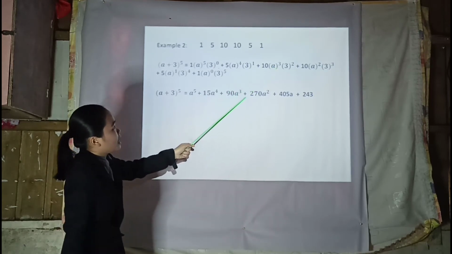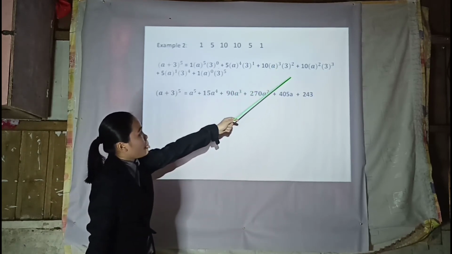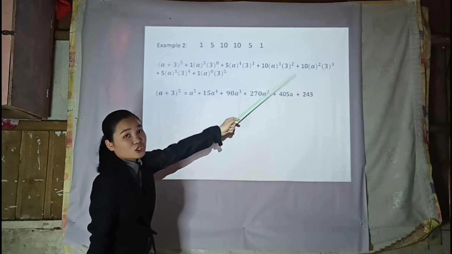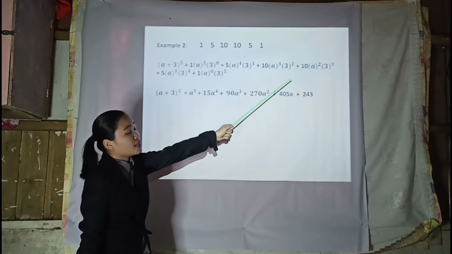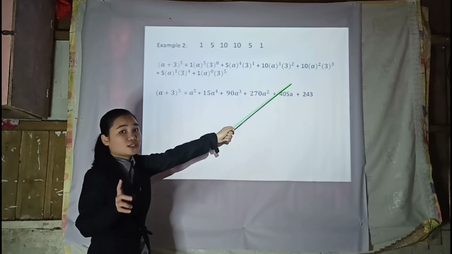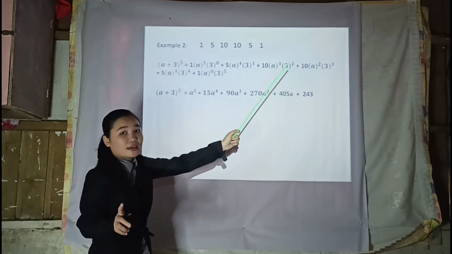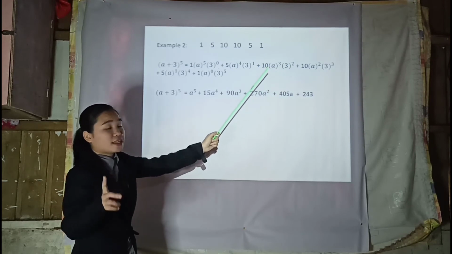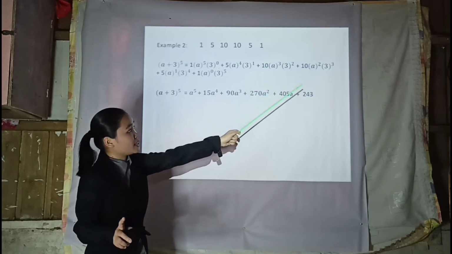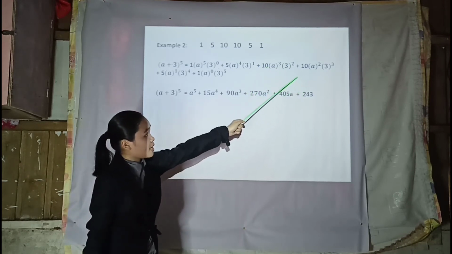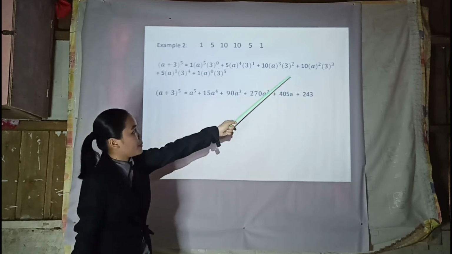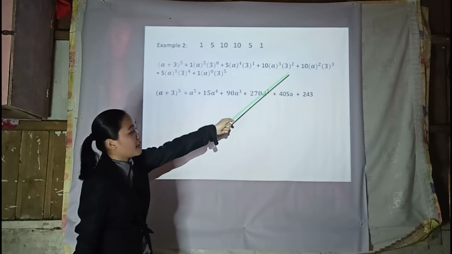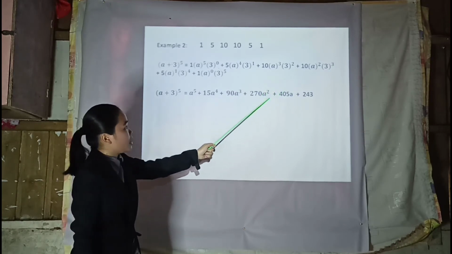We will copy the exponent, plus 10 times a squared times 3 cubed. So 3 times 3 is equals to 9 times 3, so we have 27. 27 times 10, we have 270a squared. Copy the variable and the exponent.